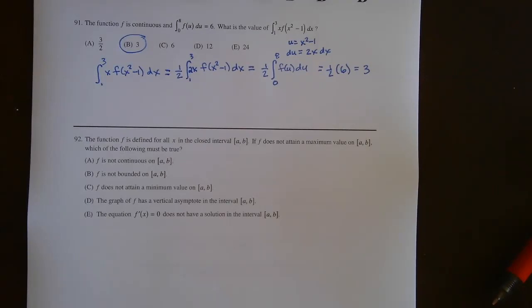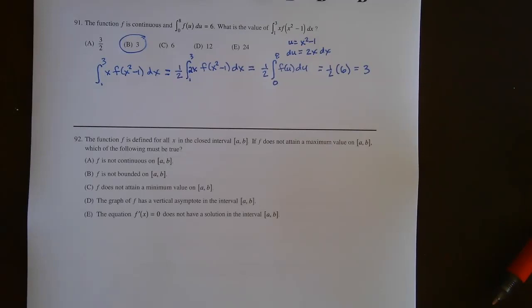On a closed interval, if the function's continuous, it must have a maximum and a minimum. That's the EVT, the extreme value theorem.